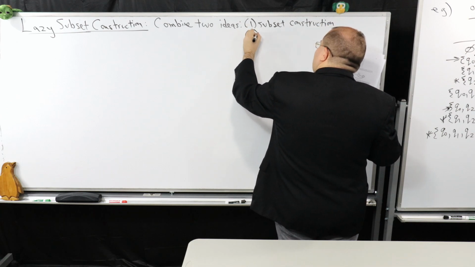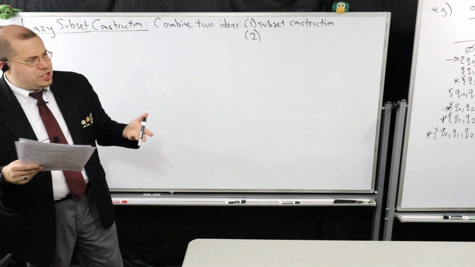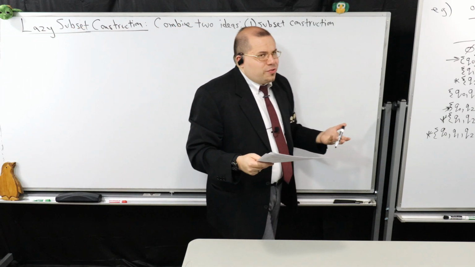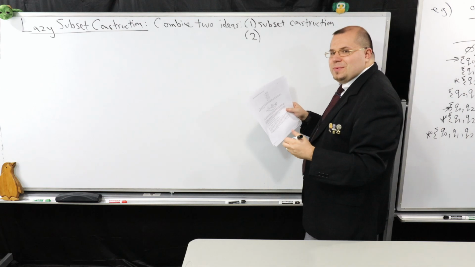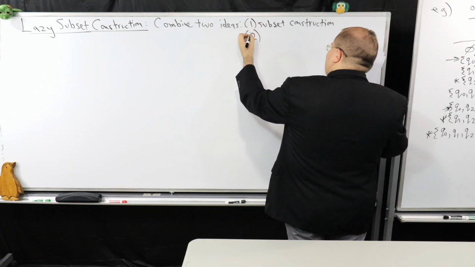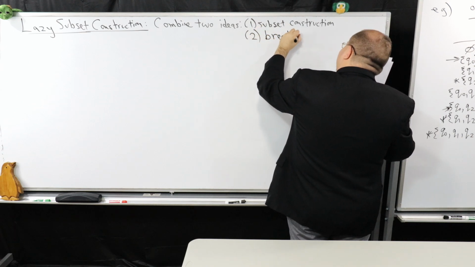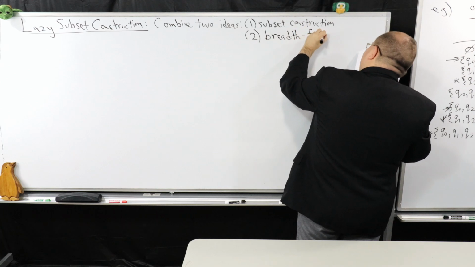We're going to use the idea of breadth first search. How many of you have heard of breadth first search? Or any graph traversal algorithm will suffice. If you don't know, that's okay too. This process is rather straightforward, but I want to give you the background in case you've never heard of this idea.